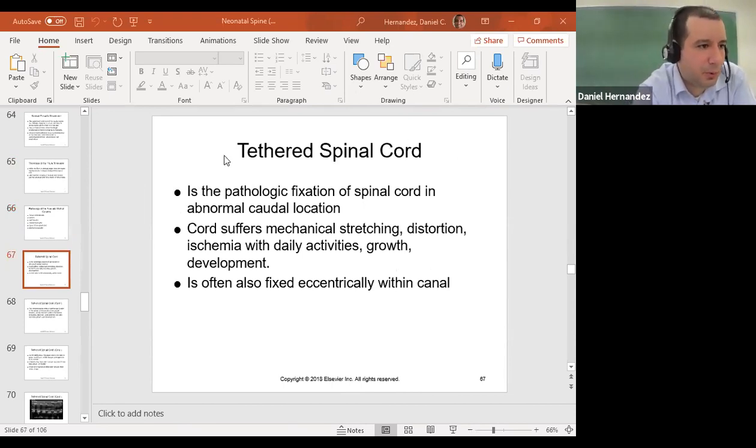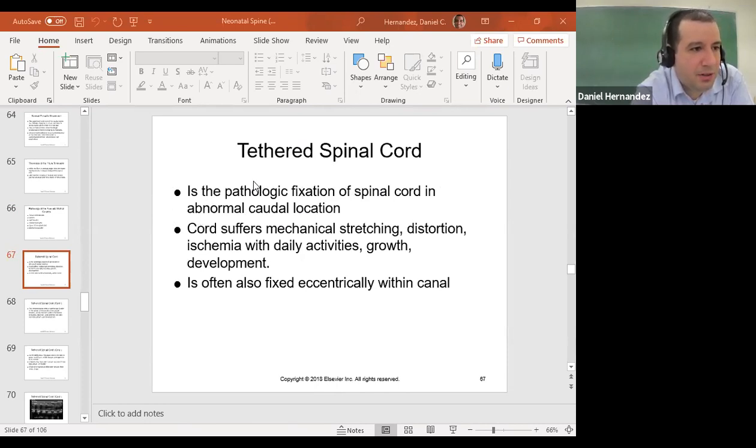So tethered spinal cord. This is a pathologic fixation of the spinal cord in an abnormal caudal location. So it's a pathologic fixation of the spinal cord in a lower caudal, so low down, location.